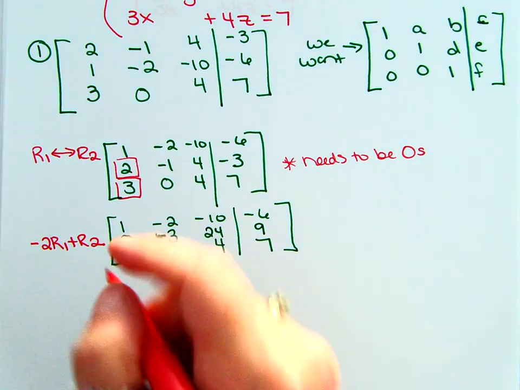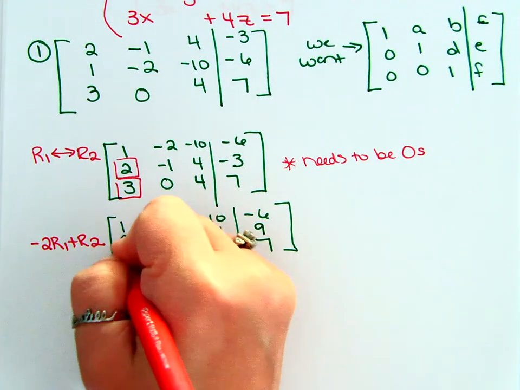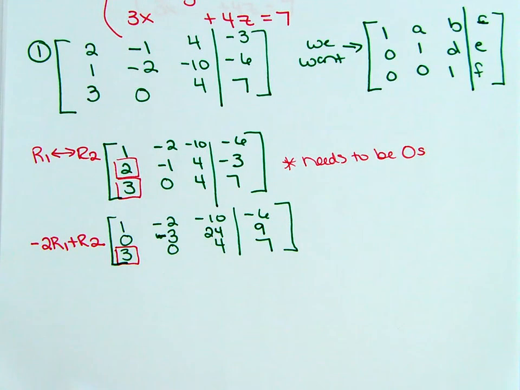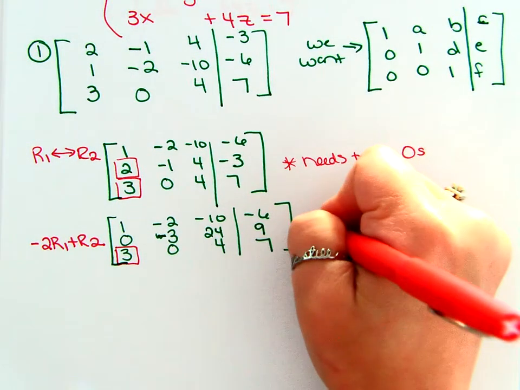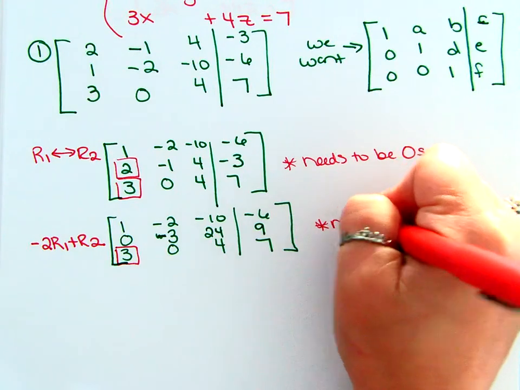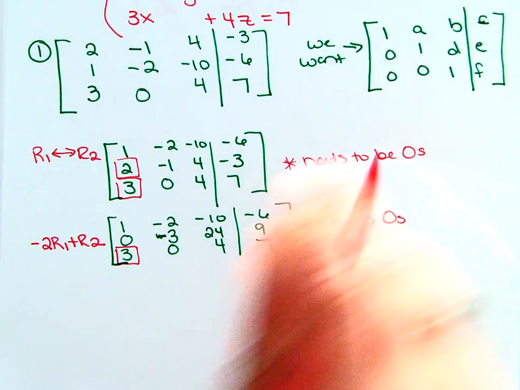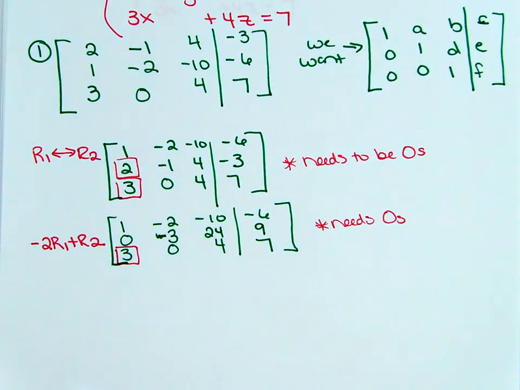So now, if I'm looking at column 1, the only thing that needs to happen is that bottom 3 needs to get to a 0. What am I going to do to make that into a 0? Thinking about how I just got a 0 in row 2.